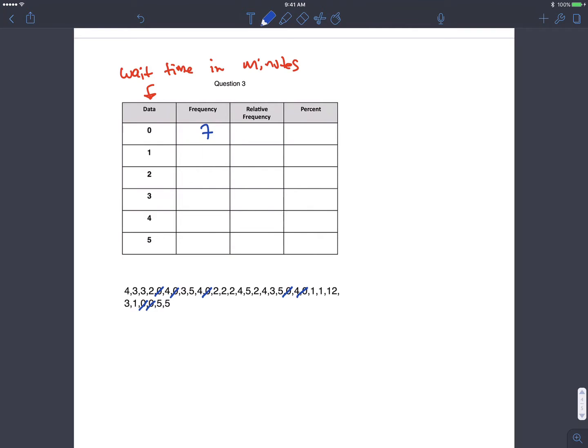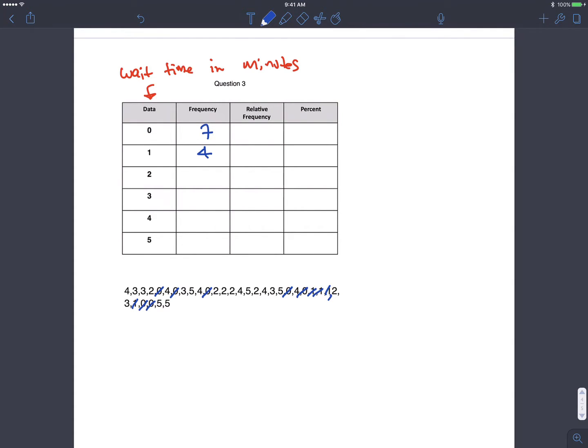Let's get the frequency for the data value of 1. If I scroll through this list, I got 1, 2, and I believe there's a comma here, 3 and 4. Let's double check. Yeah, there's a comma there.